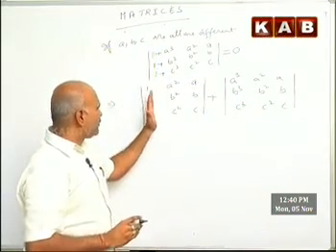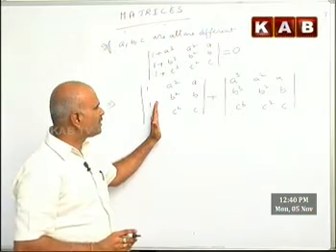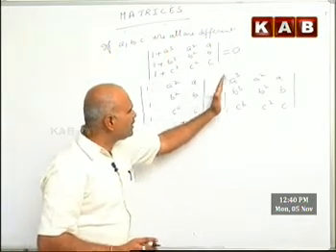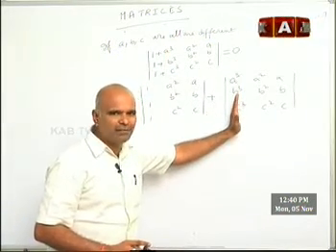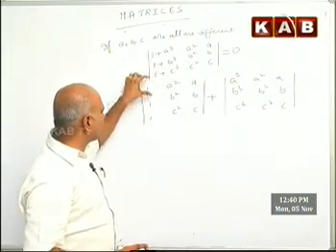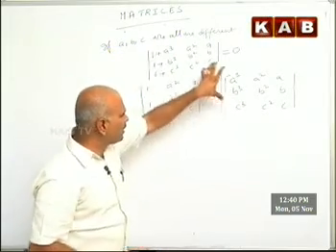First elements are taken in the first column of the first determinant, and second elements are taken in the first column of the second determinant.